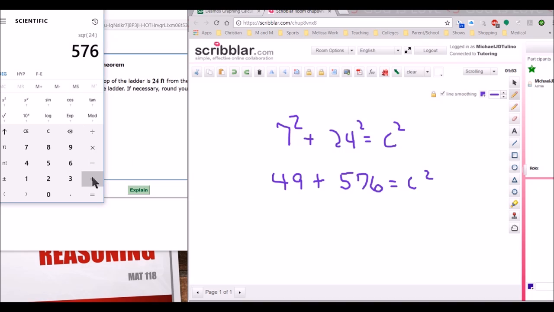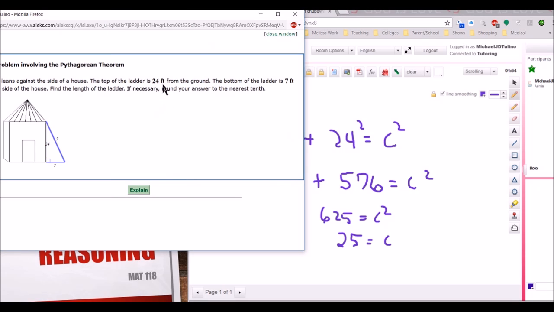Let's add those together. Plus the 49 is 625, so 625 equals c squared. Take the square root of each side, and we end up with 25. So the length of that ladder is 25 feet. All right, let's keep going.